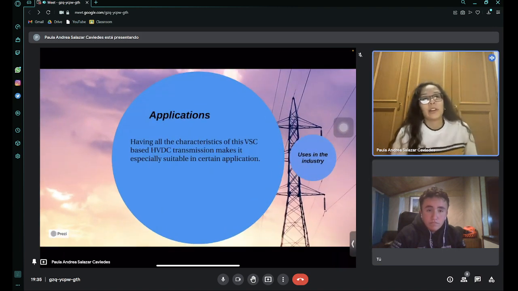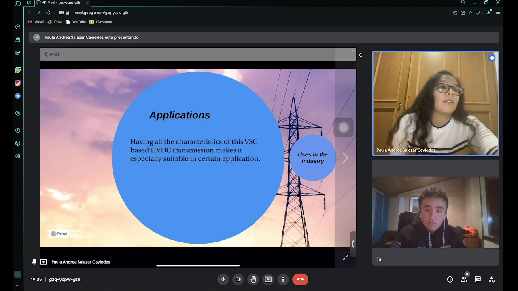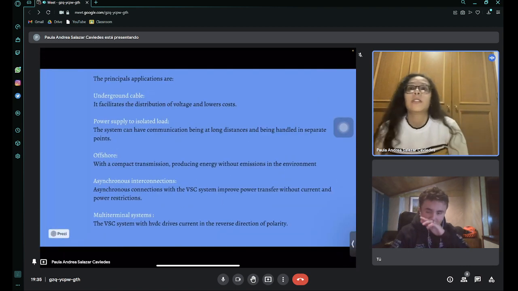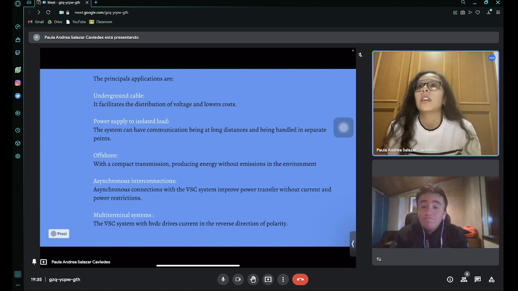So now we are going to talk about applications. Having all the attributes of VSC based HVDC transmission makes it especially suitable in certain applications. First, we have underground cable.